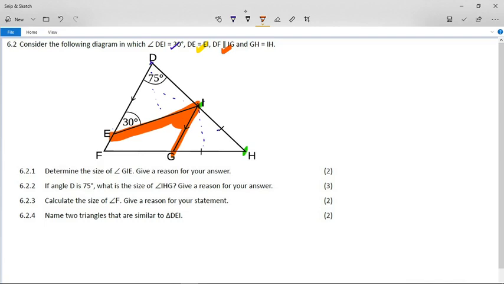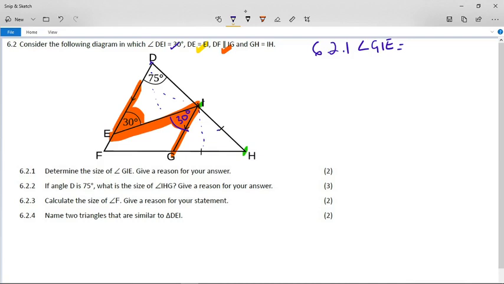So what do we remember? We remember these are parallel lines, and there is this Z shape, or sometimes you can think of it as an N or a Z. Okay, so this angle in here has to be 30 degrees because they are alternate angles. So here 6.2.1, angle GIE, and remember when it's got the little angle there, it means angle, not triangle.